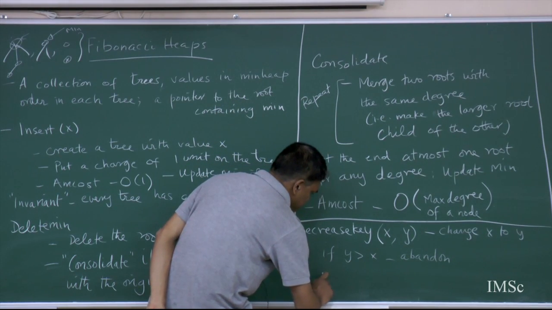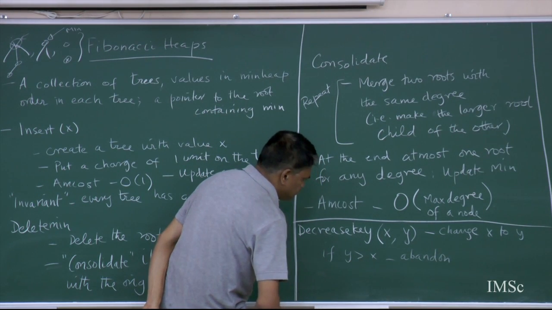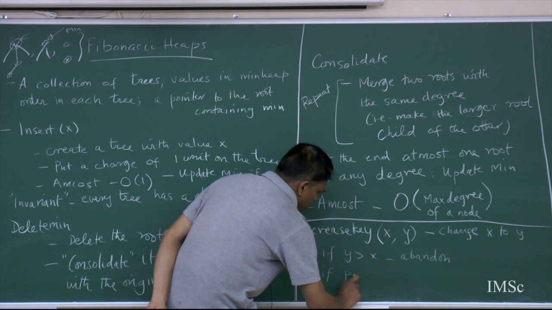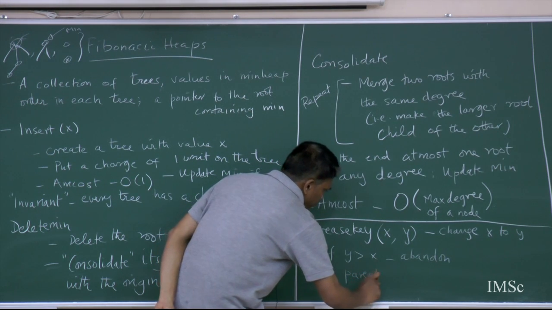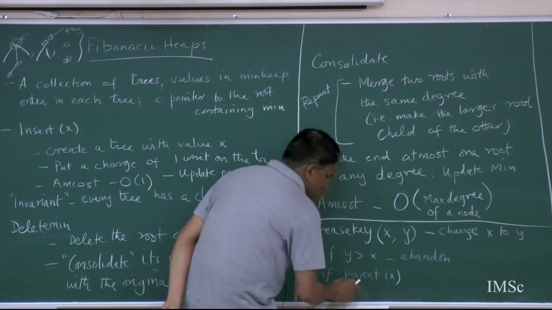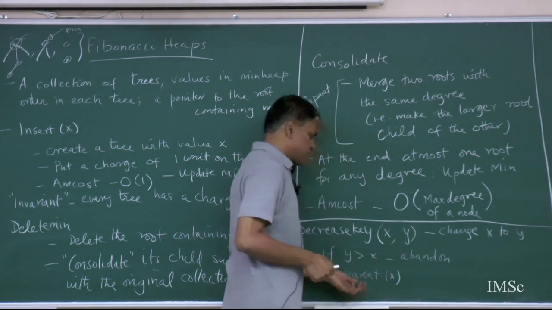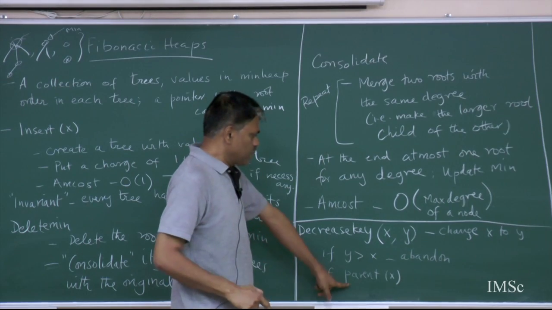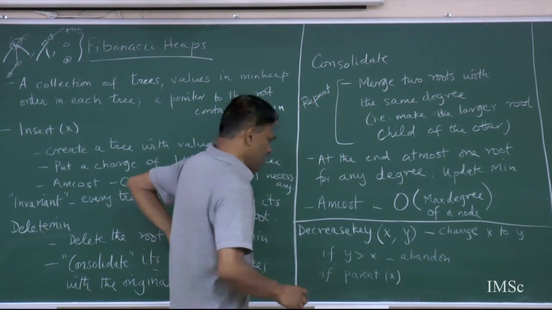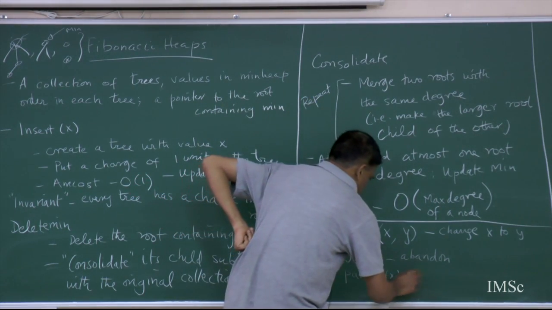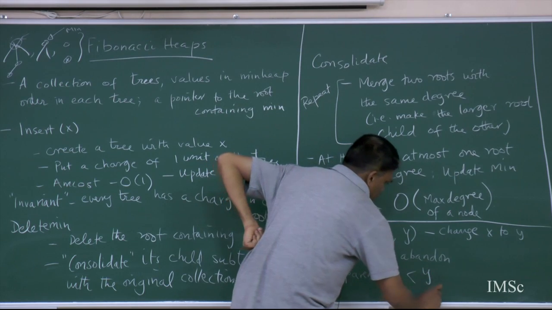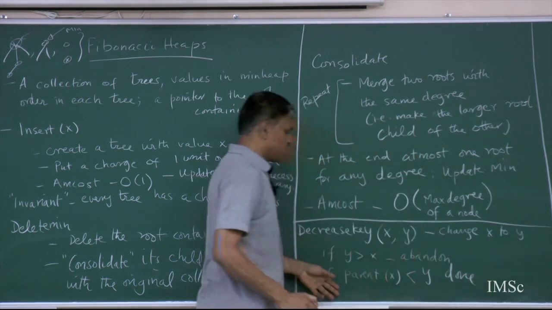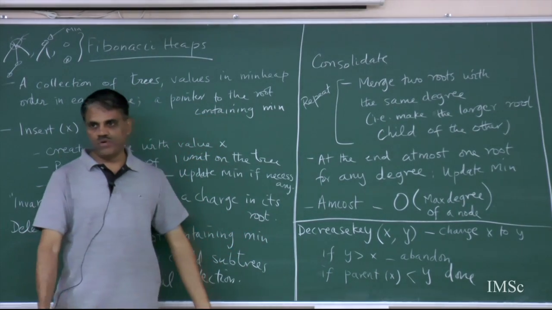Otherwise, if the parent of x's value, so I'm just going to refer to the parent node and the value, hopefully there is no confusion, the parent of this node is less than y, we are done. You don't have to do anything because I am still satisfying min heap property.